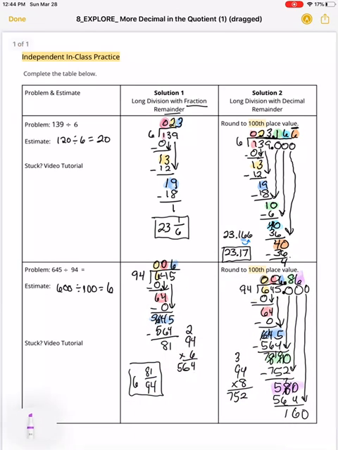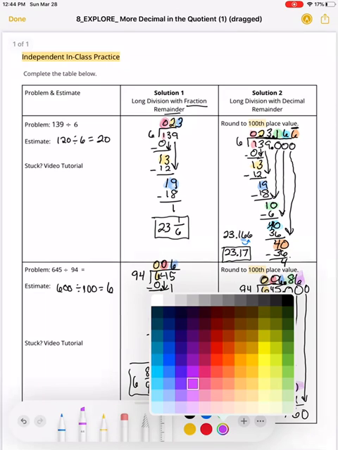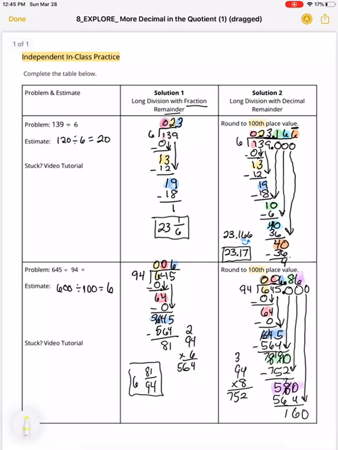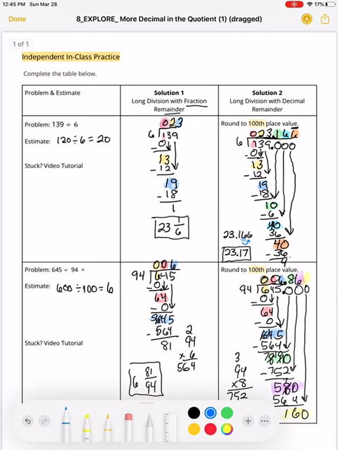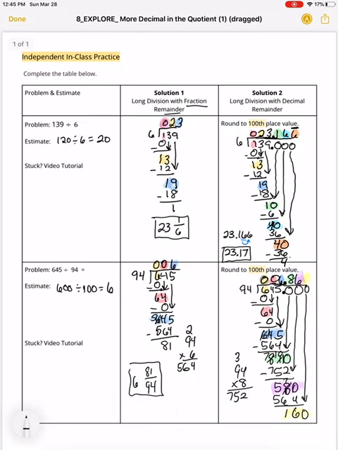And then this was our last question, and then we got one final question here to ask till we get to the place value we needed, and that's how many groups of 94 go into 160, and my answer to that is going to go up top, and I really should have extended this. So 94 is going to go in one time, and so I get 94, and then I'm done there because I've got to the thousandths place value.